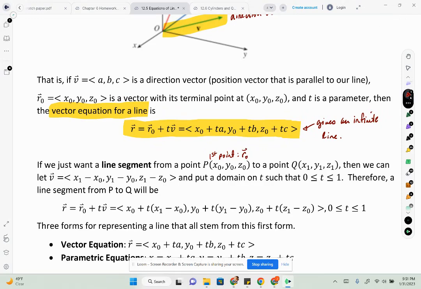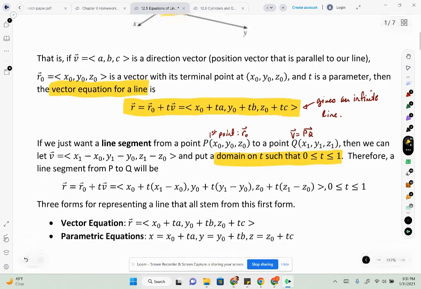Say you use P and Q, so you've got a line segment that starts at P and goes to Q, and your v vector will be the directed line segment PQ. So the first point will give you your r naught, the directed line segment that you build from PQ is your direction vector. And then the last thing that has to happen is you put a domain on t, and it's always going to be t goes from 0 to 1.